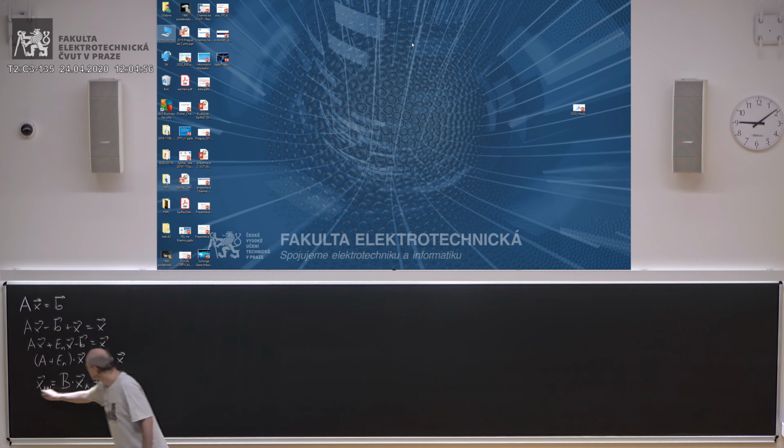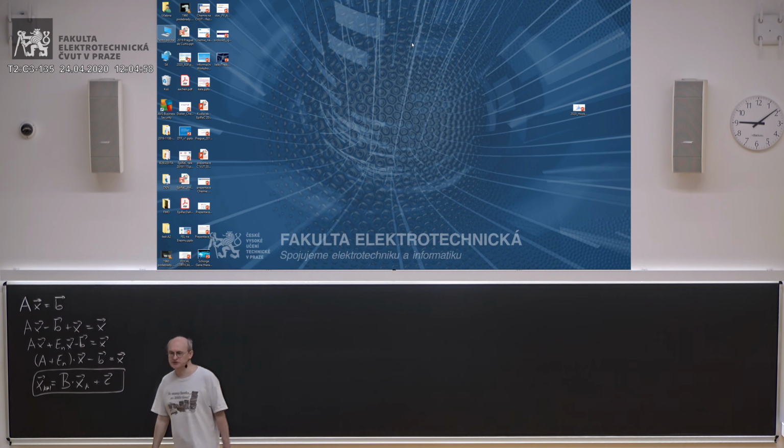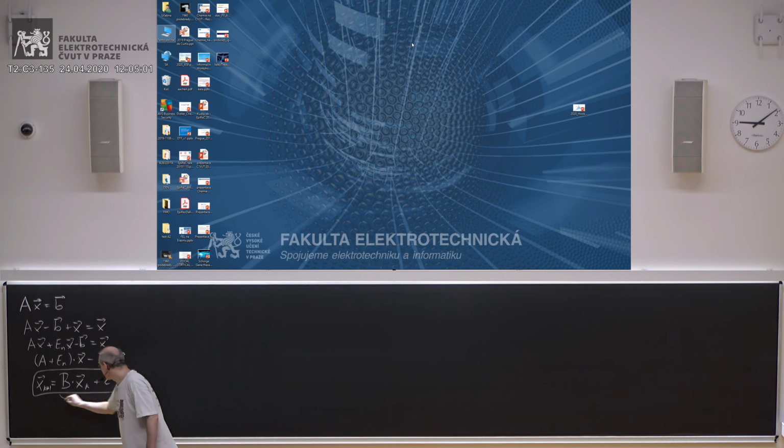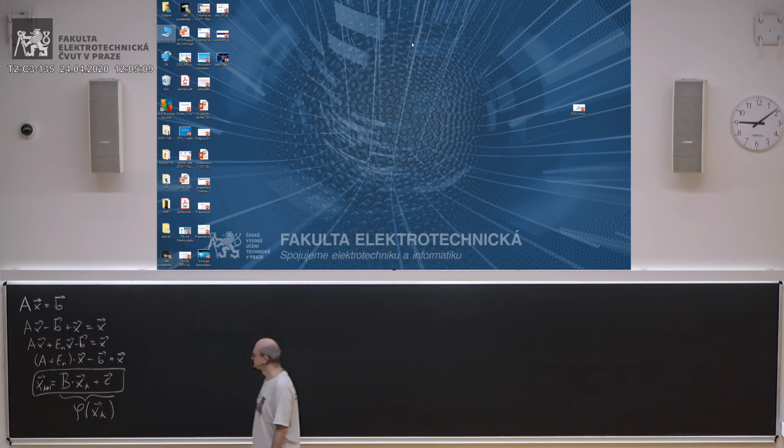So that is a general form for our iteration. And what we see on the right is the iterating function phi, but this time it's a function which works with vectors, not just with numbers. So far so good. That's the setting that we saw before.